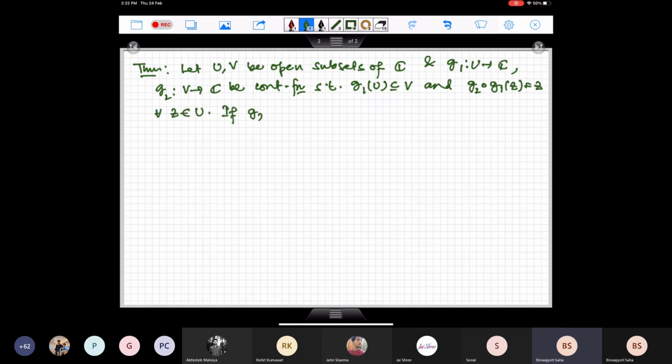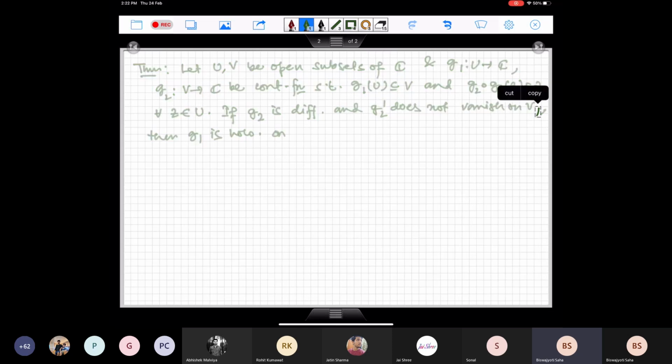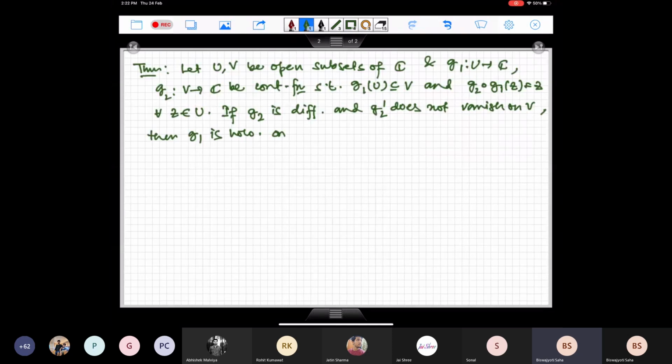If G2 is differentiable and G2 prime does not vanish on V, then what do we have?